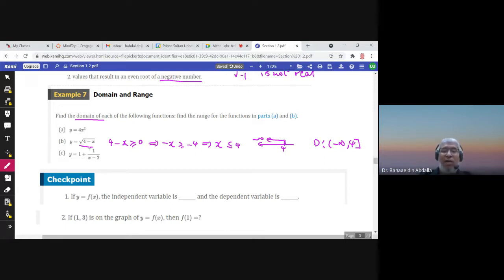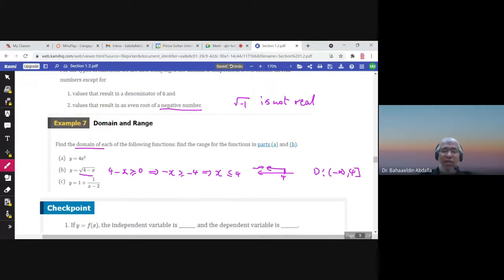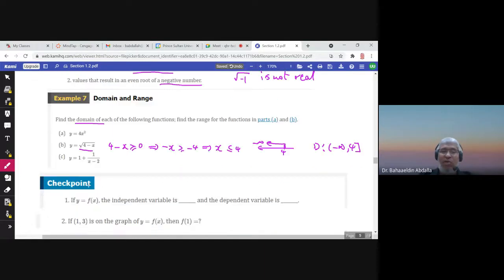While here, when I have a denominator, we cannot accept that the denominator is 0, because 1 over 0 is not a real number. It's not defined. It's a math error if you put it in the calculator. So x here cannot be 2, and the domain of this function would be all real numbers except 2, because 2 will make the denominator 0.